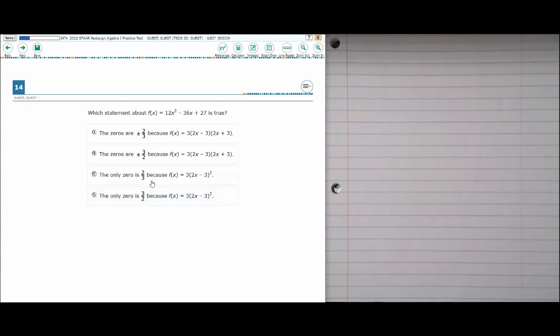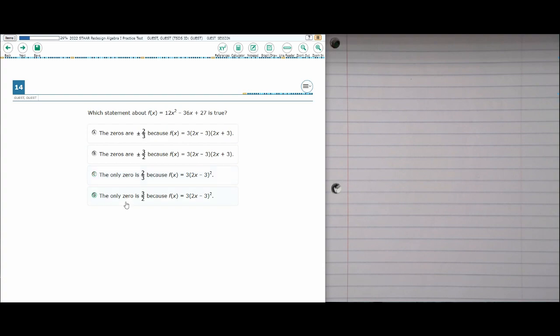Because they're telling me that in these two cases, C and D, there's just one zero, when it says only zero and doesn't have the plus minus in front, it just means that there's one positive zero. And these two up on top are telling me that there are 2 zeros. So by graphing this, I'll easily be able to see if there's 1 zero or 2 zeros, and I can either eliminate A and B or eliminate C and D.